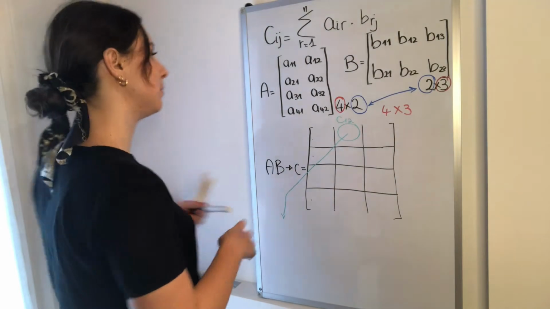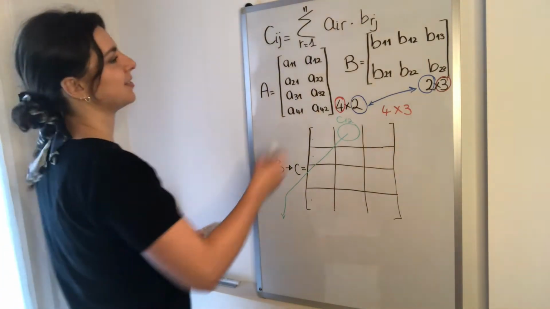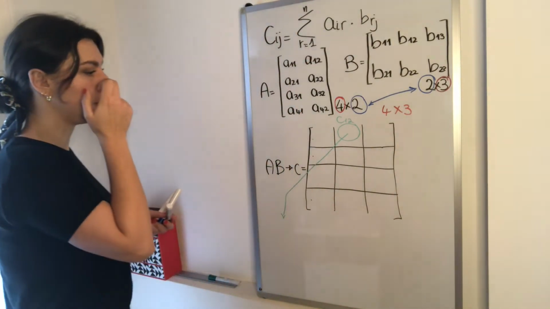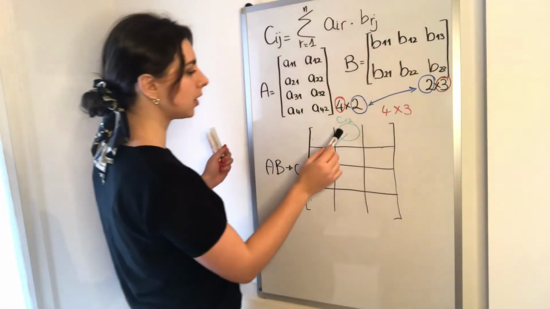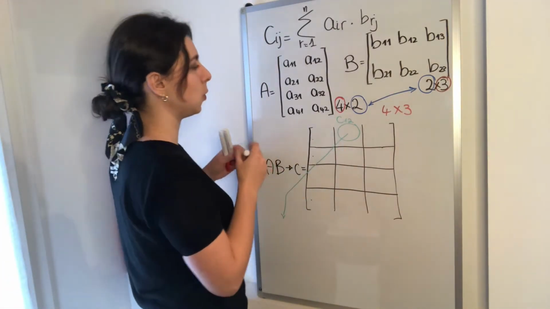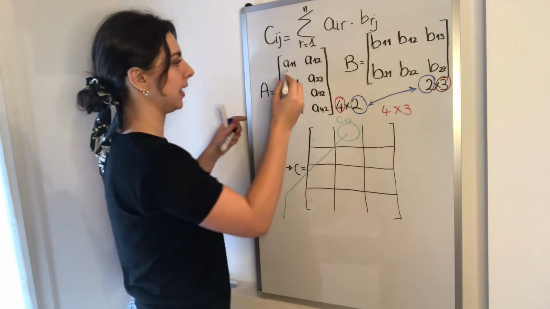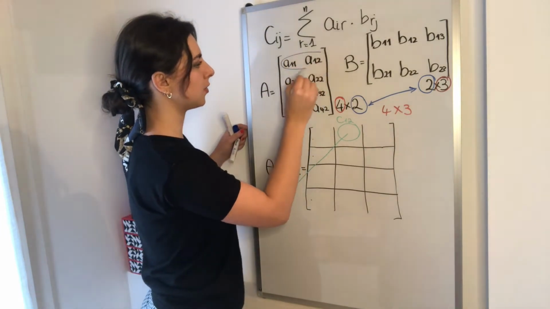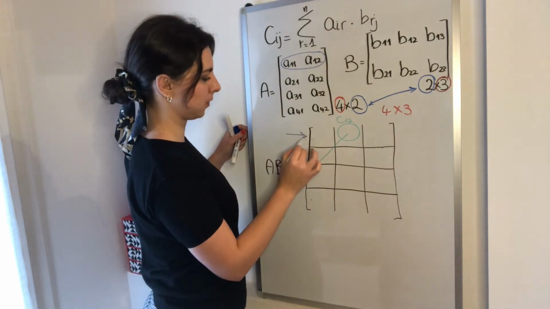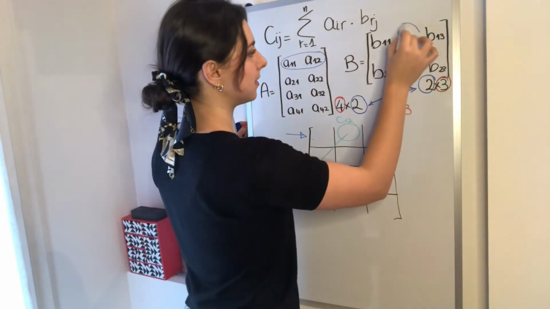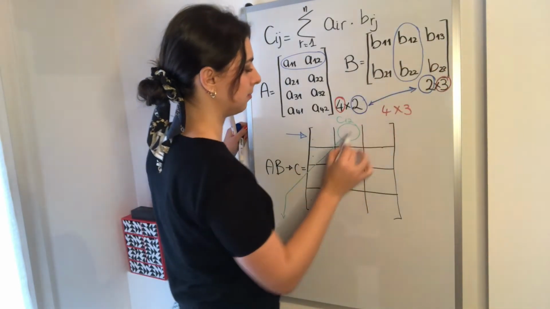Okay. And we will compute this using this formula. In this case, this spot right here will be obtained by the first row, and second column.